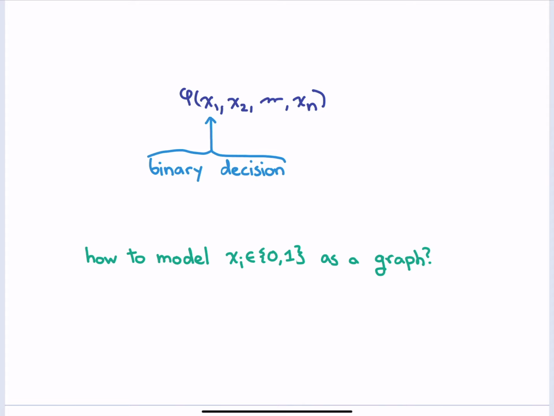And how can I model, so in graphs, I'm choosing paths, I'm choosing edges, I'm choosing ways to get through a graph. And here I'm going to choose an xi to be 0 or 1, a binary decision. How might I try to model graphically a binary decision?